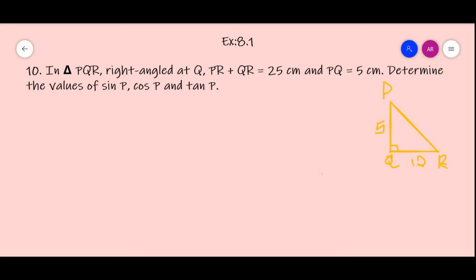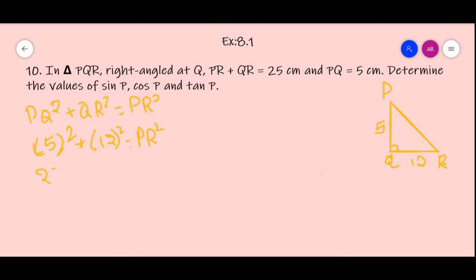First let's use the Pythagoras theorem. So it's going to be PQ square plus QR square will be equal to PR square. What is PQ? We have got it as 5. So 5 square, and then QR length, it's 12, will be equal to PR square.